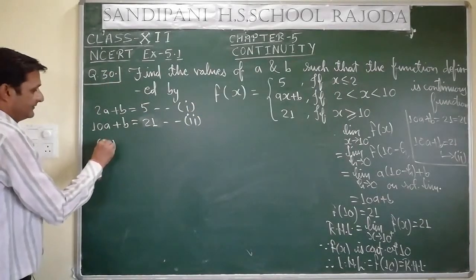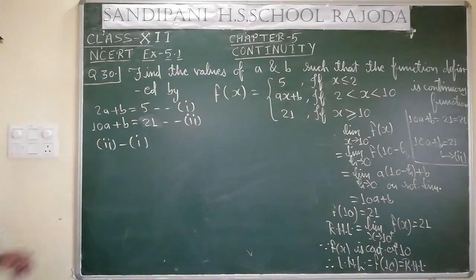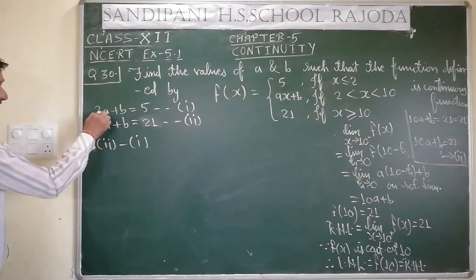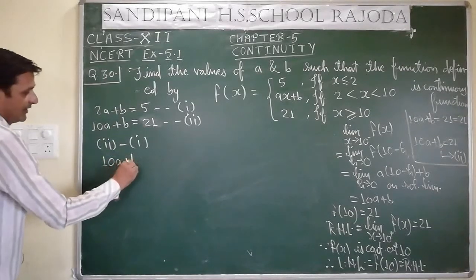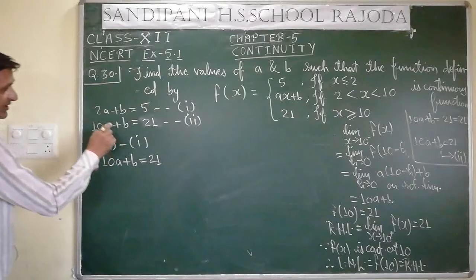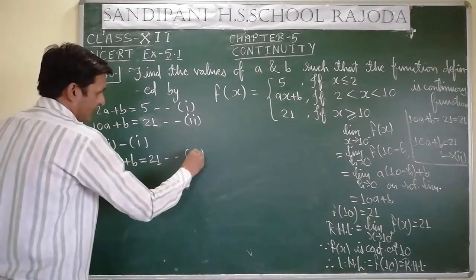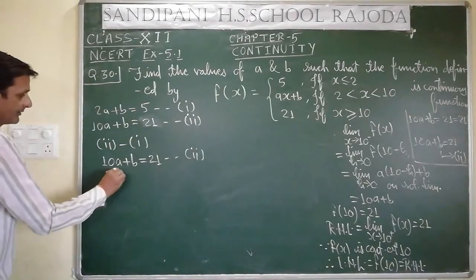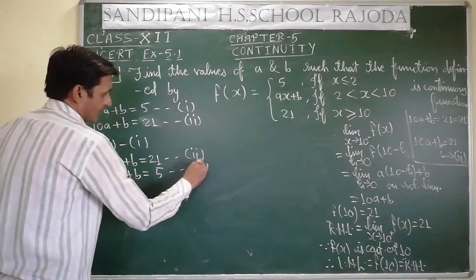Now second minus first we can do. See, if we subtract this from this, 10a plus b is equal to 21, second equation, and 2a plus b is equal to 5, our first equation.